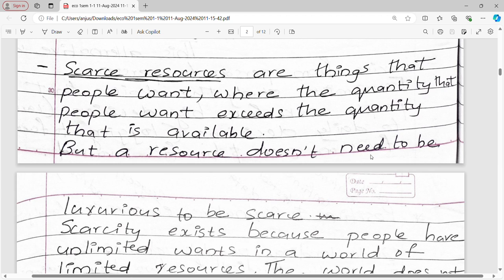A resource doesn't need to be luxurious to be scarce. So for scarce resources, we can say the examples of gold wedding bands, diamond rings, Coach handbags, then iPhones, triple chocolate fudge ice cream in some places.